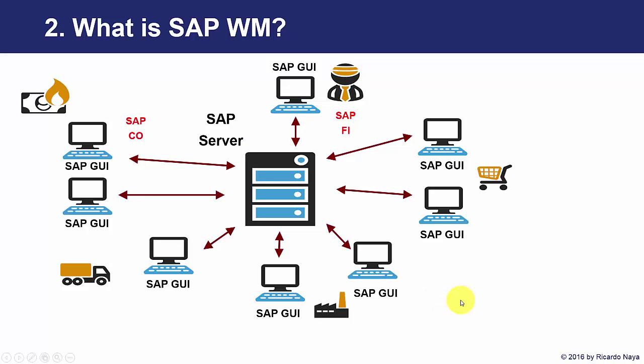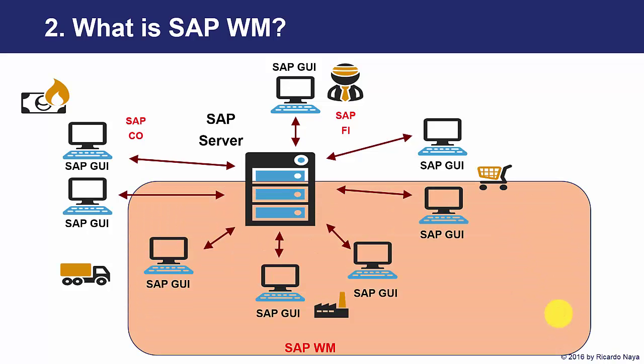So if we come back to the SAP architecture, we are going to see how and where WM interacts with the rest of the modules. WM is going to be related to all logistics modules: purchasing, production, and sales and distribution.